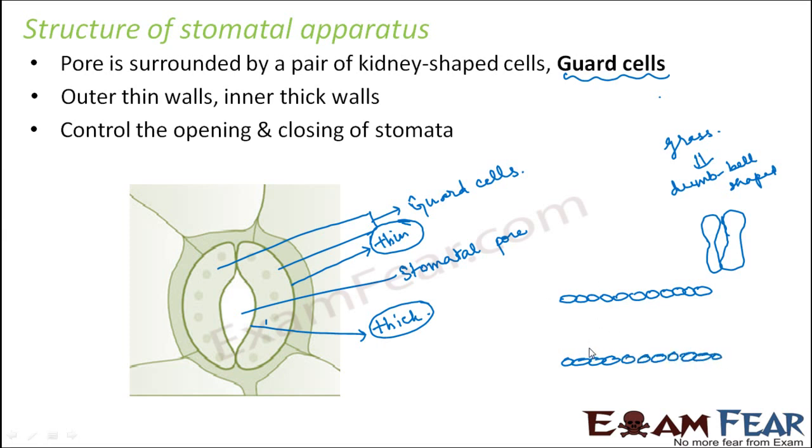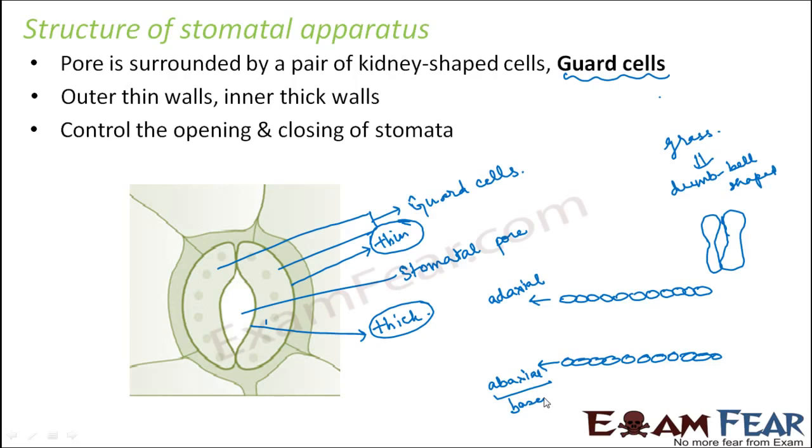So this is how it is. Now the upper layer of epidermis is known as the adaxial surface, and this is called abaxial. Abaxial is related to base. So the lower layer of epidermis is known as the abaxial surface, and the upper layer of epidermis is known as the adaxial surface.